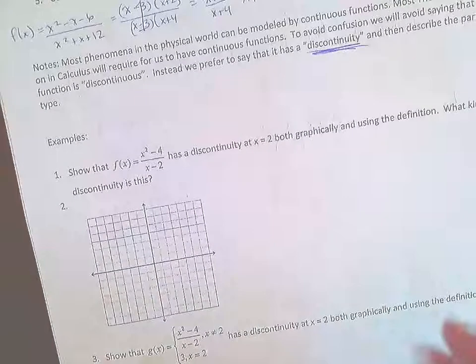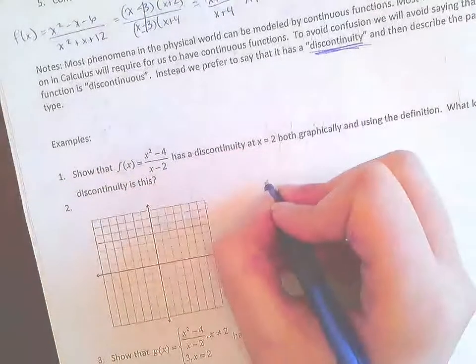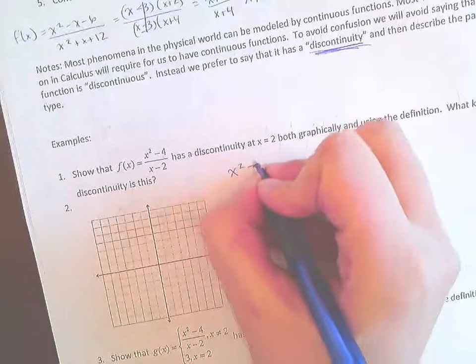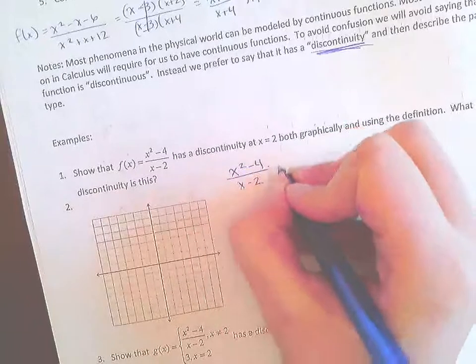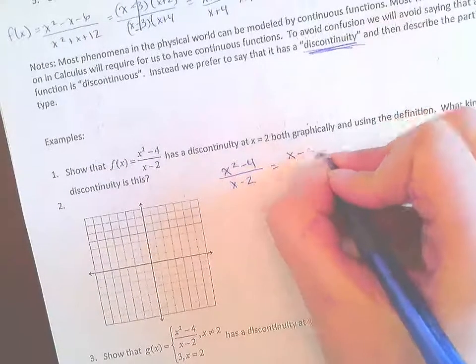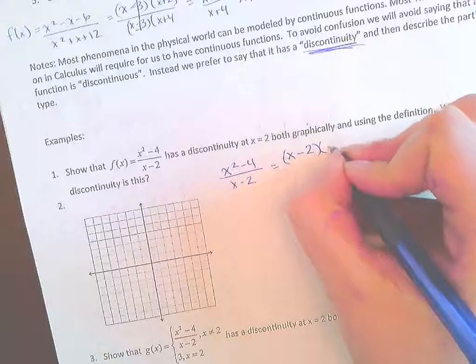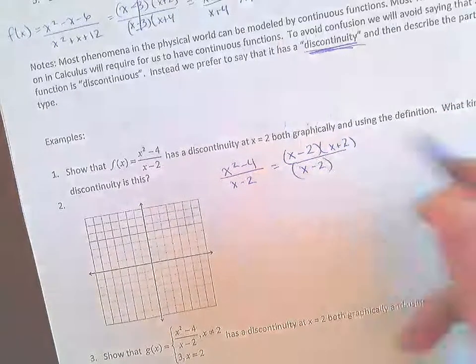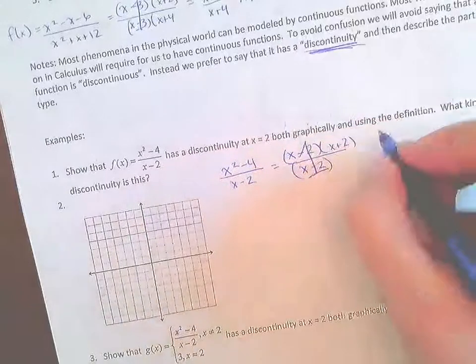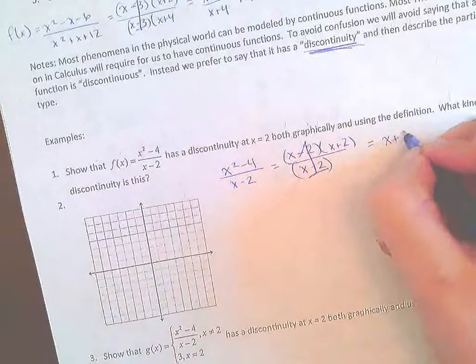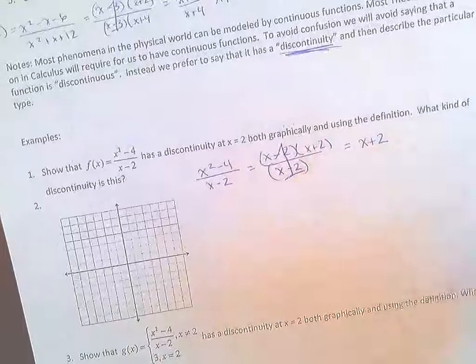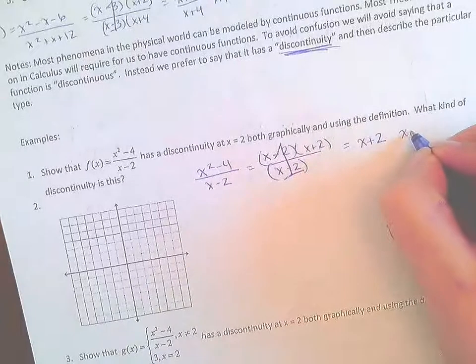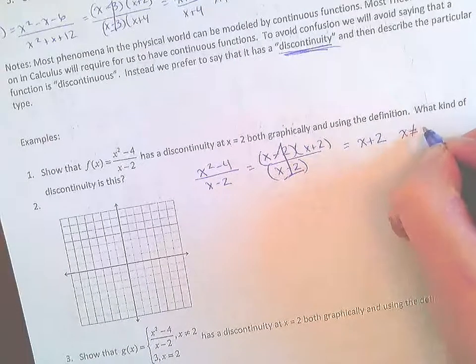So first off, in order to graph this, x squared minus 4 over x minus 2, remember you have to simplify first. So we simplify x minus 2, x plus 2 over x minus 2. And right off the bat you see that what's left over is x plus 2, but of course we have a hole, x cannot be 2.